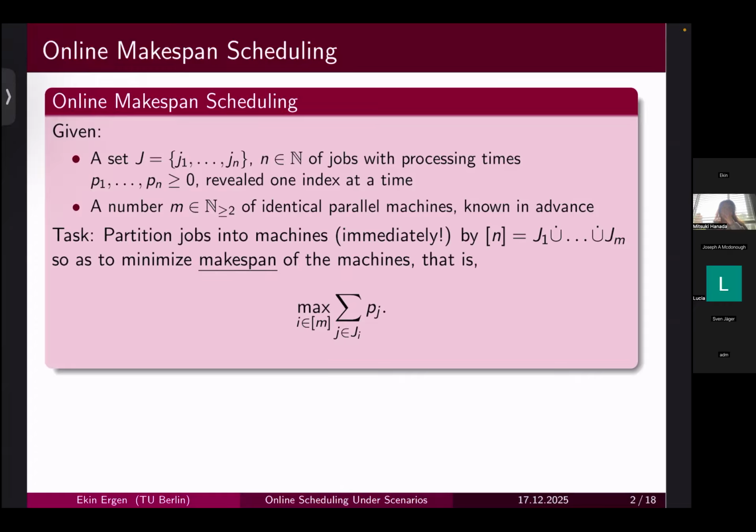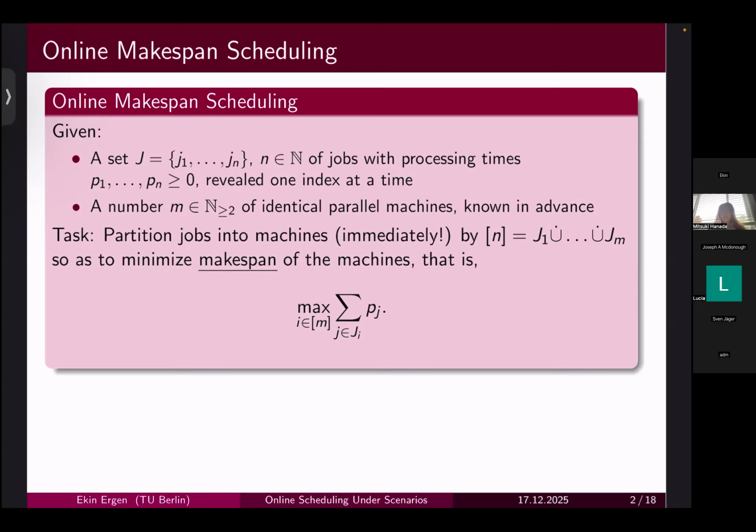And the important part of this problem, which makes it online, is that as soon as you are revealed a job, you have to decide which machine you want to assign it to. So you can't look into the future. You don't have any information about what jobs are to come next or what processing times they will have. You don't even know whether there will be other jobs at all.